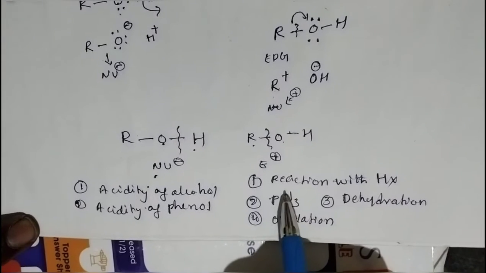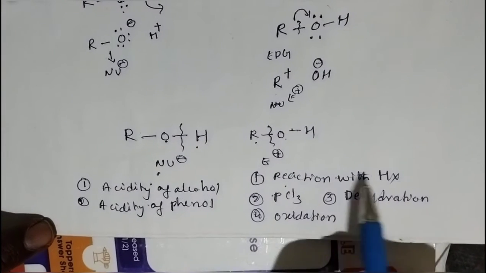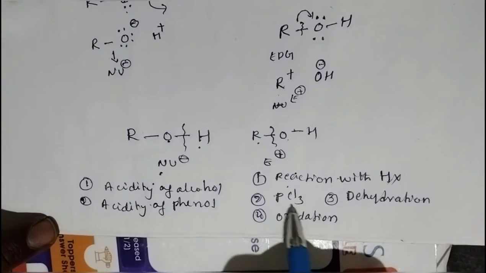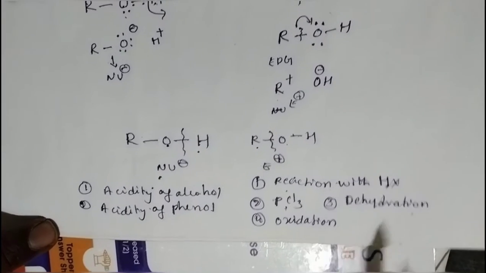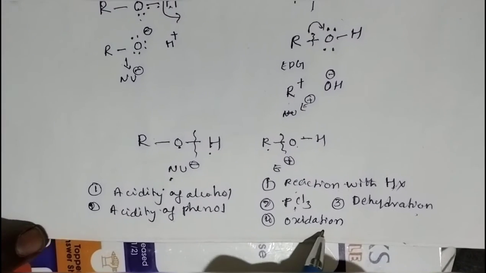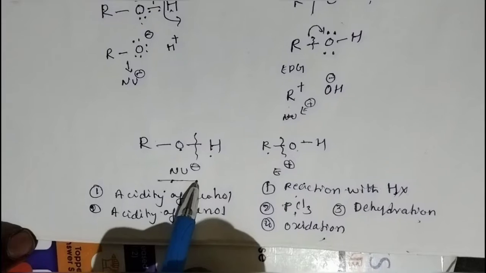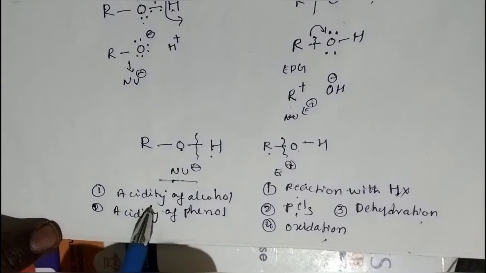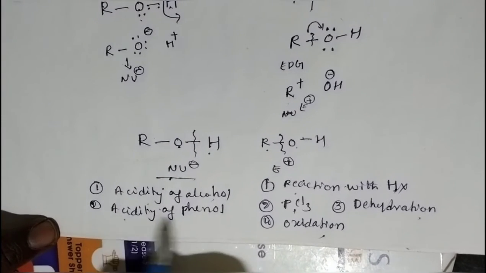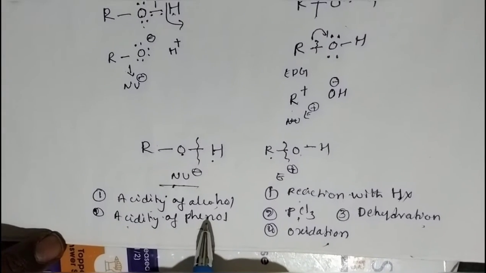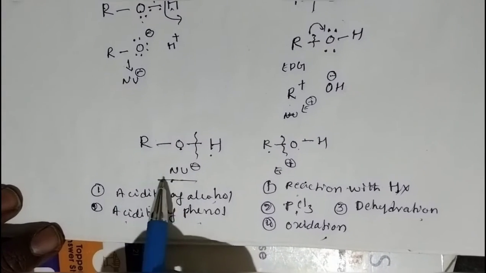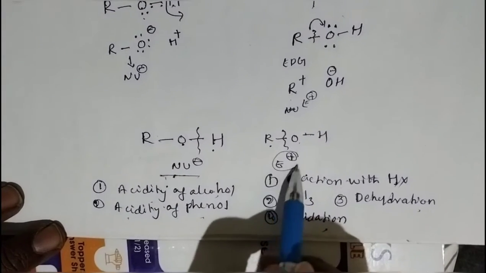So under electrophile, we have to study reaction with hydrogen halides, reaction with PCl3, dehydration reaction, and oxidation reactions. Under nucleophile properties, we have to study acidity of alcohol and acidity of phenol. These are the few important reactions with alcohols under nucleophile as well as electrophile.